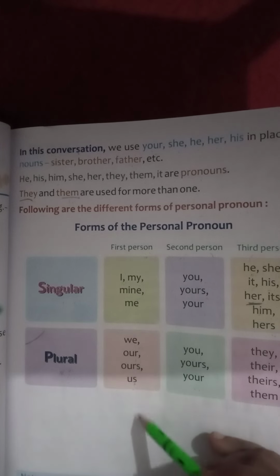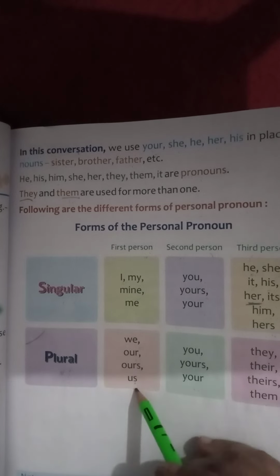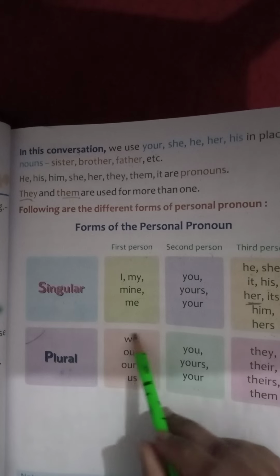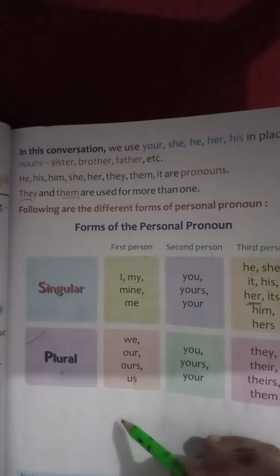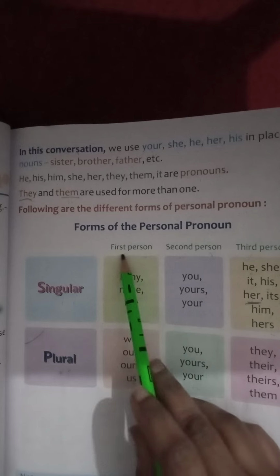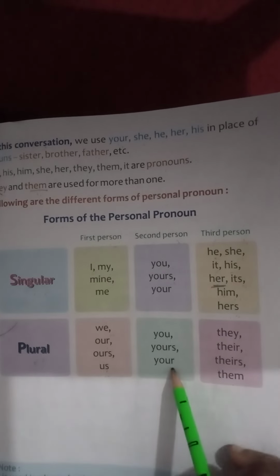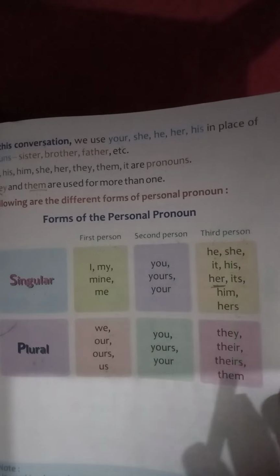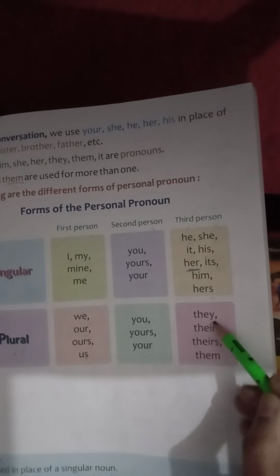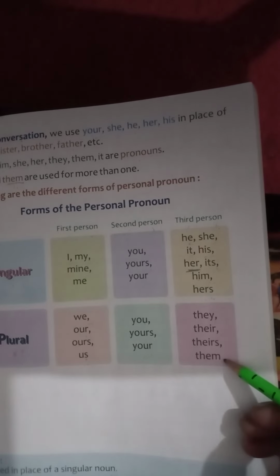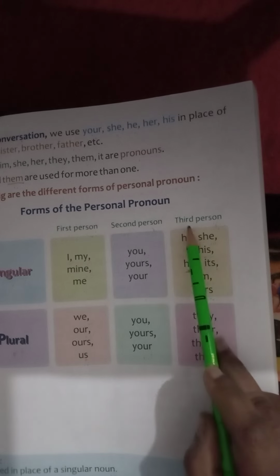When we use we, our, us and ours, it means we are talking about ourselves. It means it is first person. When we use you, yours and your, that is second person. When we use they, their and them, it means we are talking about third person.